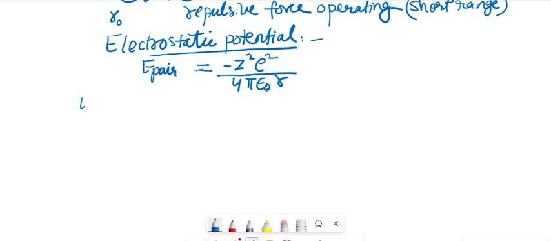Now, here we will explain all the terms, where Z is the magnitude of the charge on one ion.